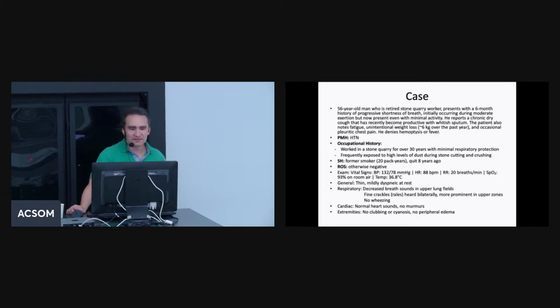Past medical history is only hypertension. Occupationally, he worked in a stone quarry for over 30 years with minimal respiratory protection and was frequently exposed to high levels of dust during stone cutting and crushing. He has a history of smoking, 20 pack-years, and quit 8 years ago. Review of symptoms is otherwise negative.